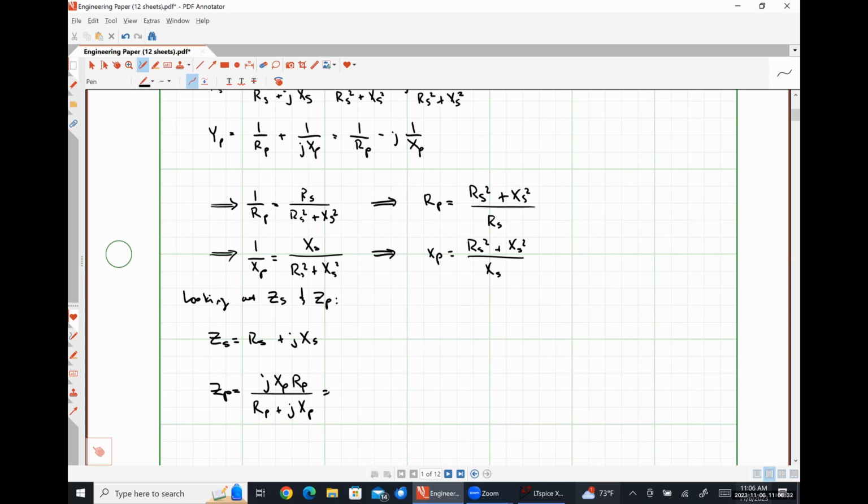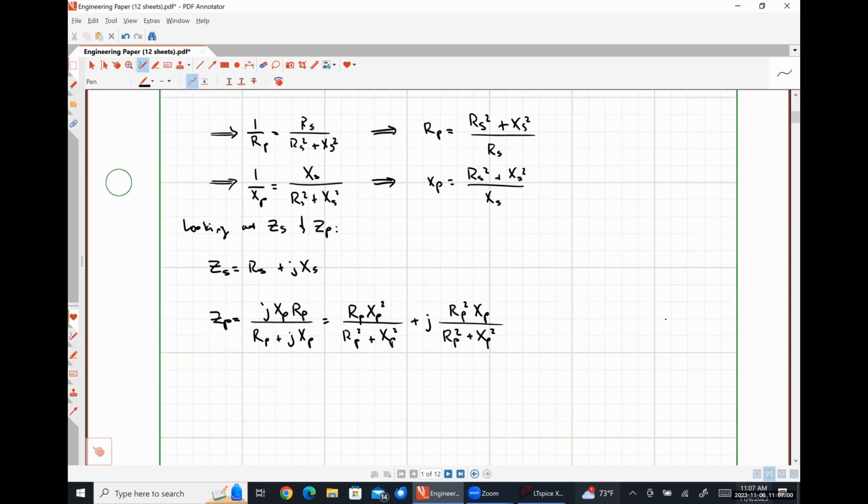winds up giving me R_P times X_P squared divided by R_P squared plus X_P squared, plus j R_P squared X_P over R_P squared plus X_P squared.